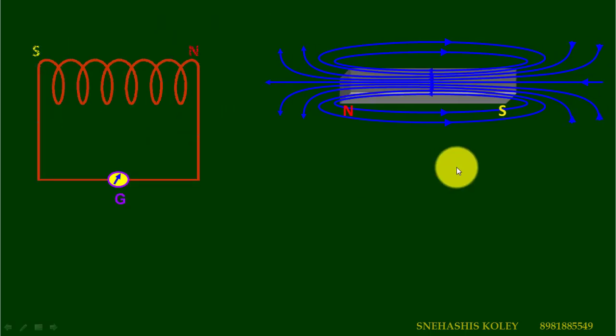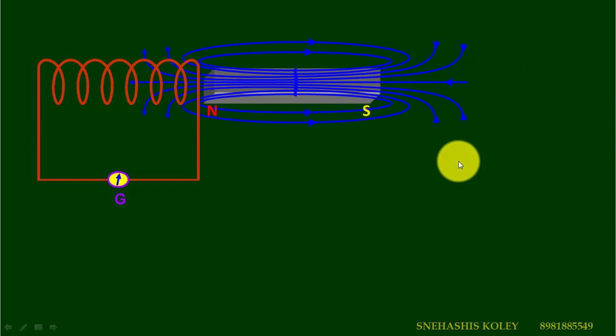In this experiment, when there is a relative motion between the coil and the magnet, the magnetic flux linked with the coil changes. As the coil is moved towards the north pole of the magnet, the magnetic flux through the coil will increase. Similarly, if the coil is moved away from the magnet, then the magnetic flux through the coil will decrease.